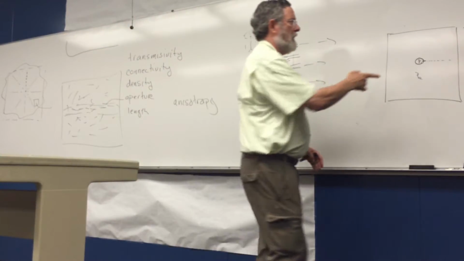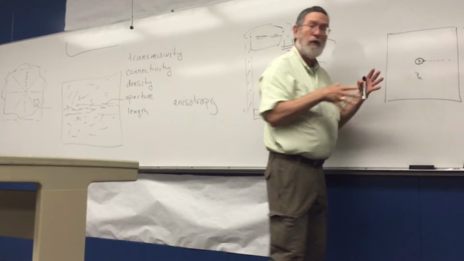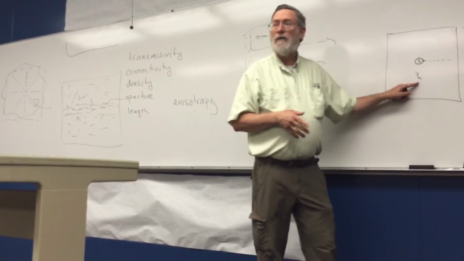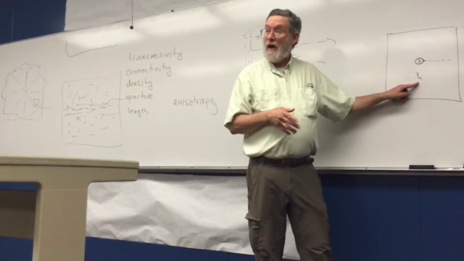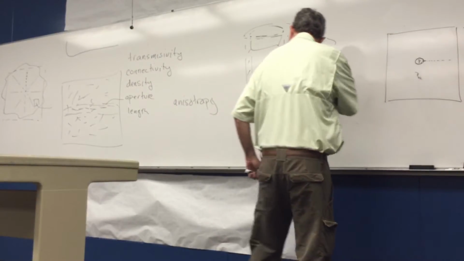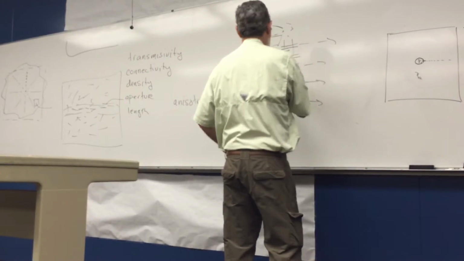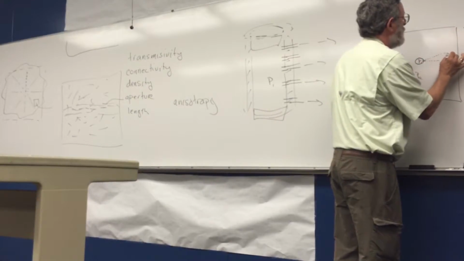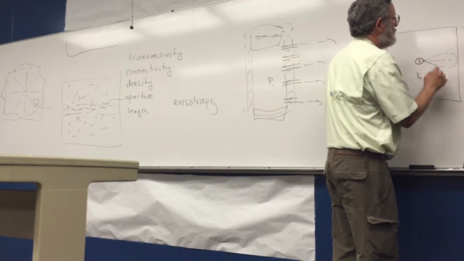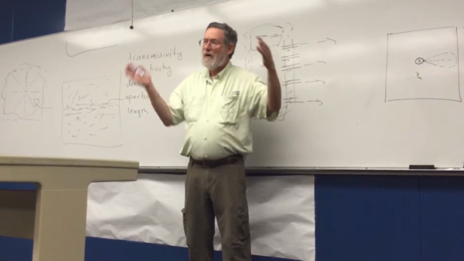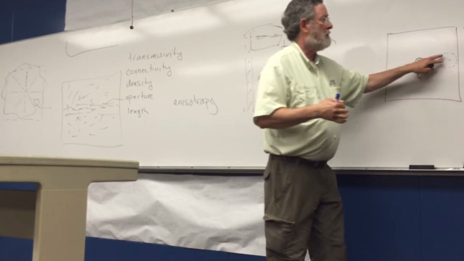But if this is a porous material, keep in mind this pressure is higher than the fluid pressure, higher than the formation pressure. And so I will develop a halo of fluid that has migrated away from this particular system.